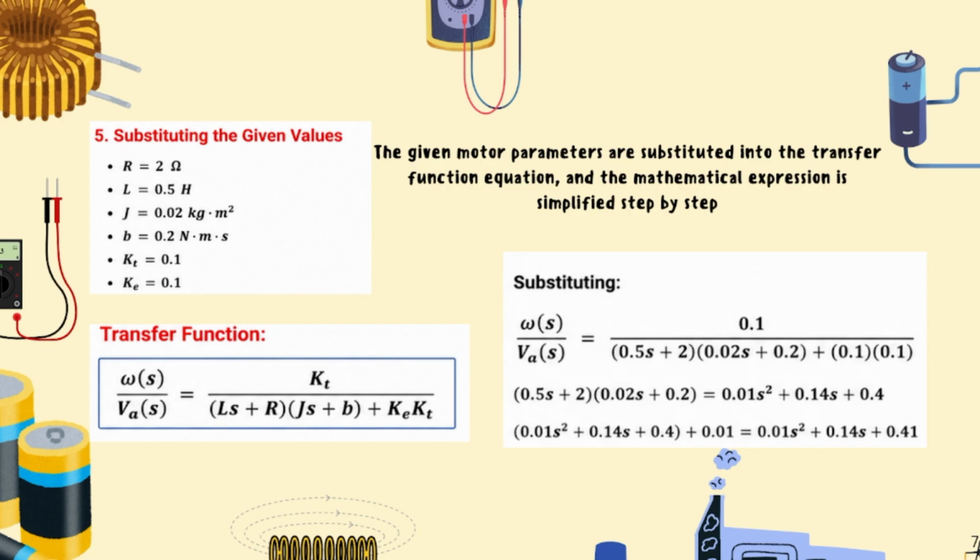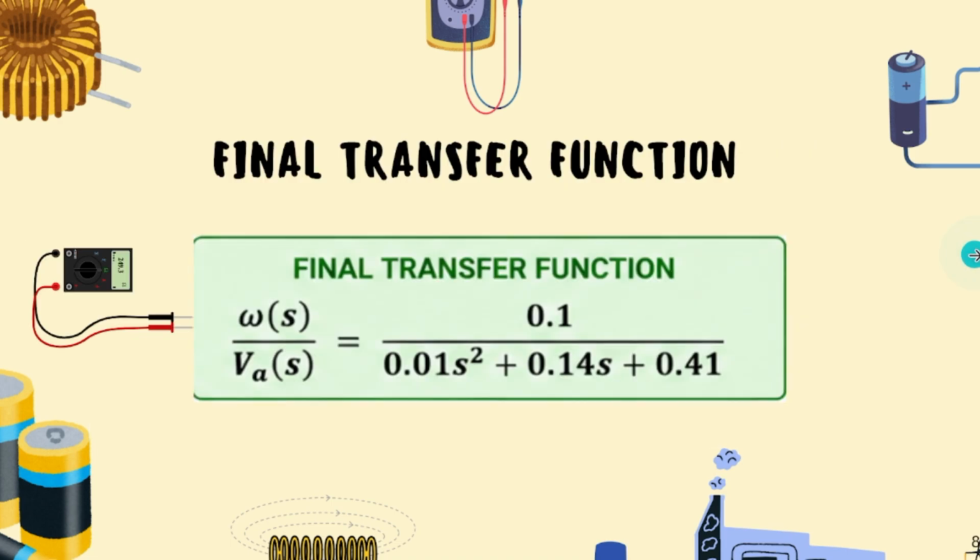Let's move to the final transfer function. In this slide, we obtain the final transfer function of the DC motor system after simplifying all the electrical and mechanical equations. This transfer function represents the relationship between the output motor speed and the input voltage.